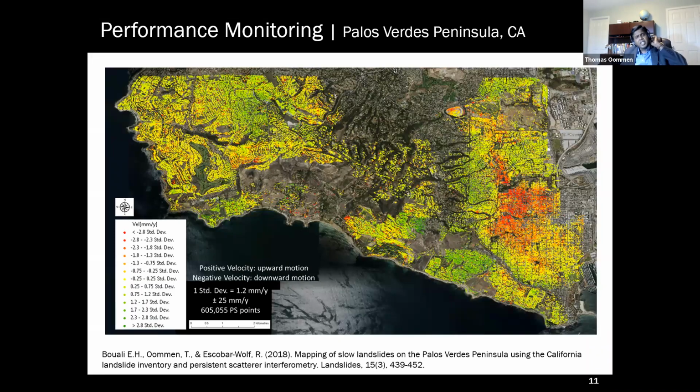Now, this is the kind of result that you would get from an InSAR analysis. Particularly in this case, we are doing a PS InSAR, which is called the Persistent Scatterer Interferometric Synthetic Aperture Radar. So let me explain what you're seeing here. You have an area close to LA in the Palos Verdes Peninsula.